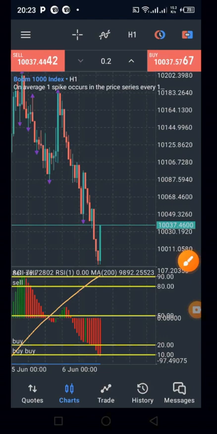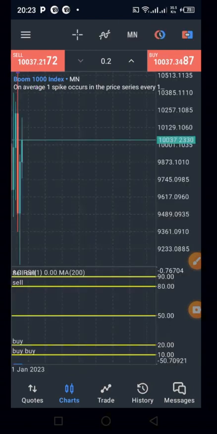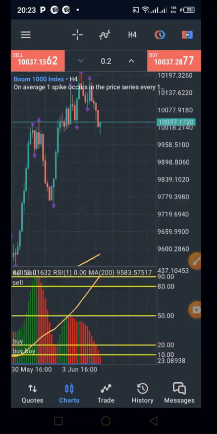When I press where you are seeing H1, it will bring many time frames on top. You can use that shortcut to check the time frame that you want. If you want M15, you check. If you want 1 month, you check. It is up to you. Okay, so let us go to H4.